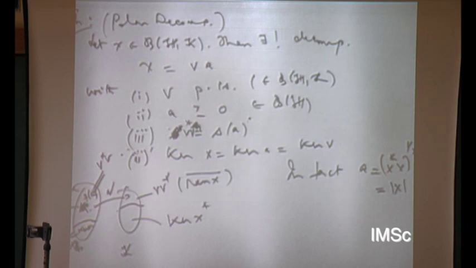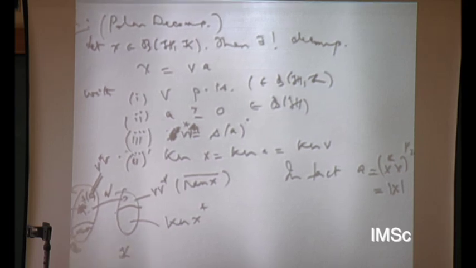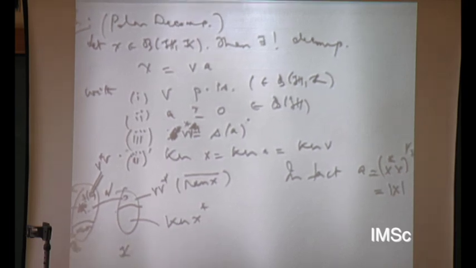Now if V were unitary, that would mean that their orthogonal complements, namely kernel of X and kernel of X star, should also have the same dimension. But in infinite dimensions, that is not true. You can take X as the unilateral shift. The kernel of X is 0, but the kernel of X star is one dimensional.